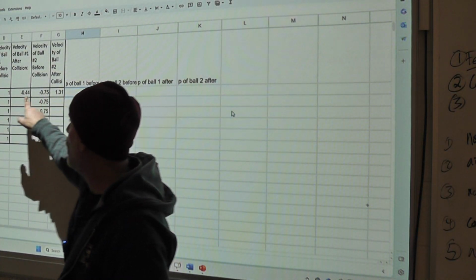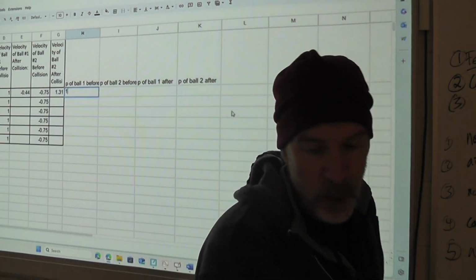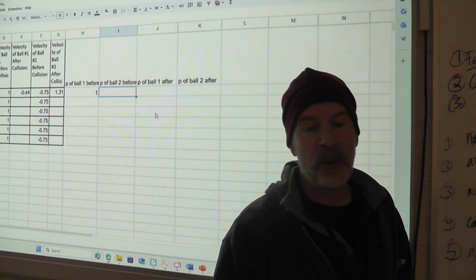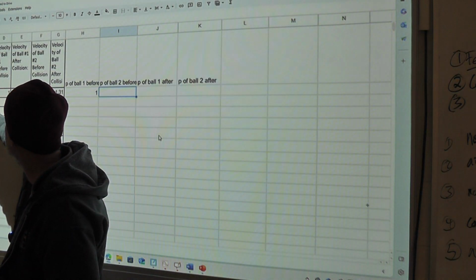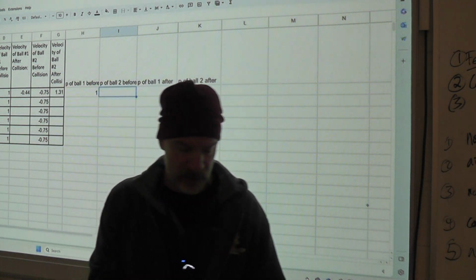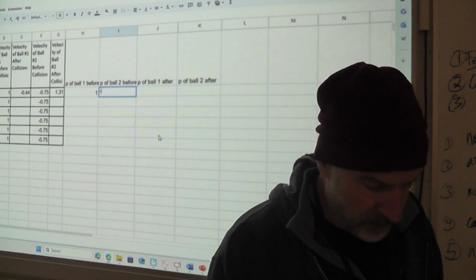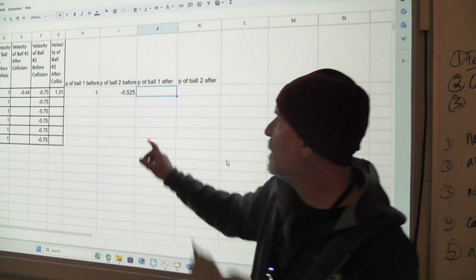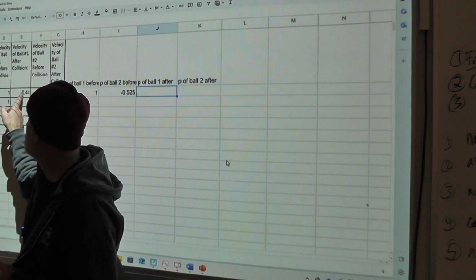The momentum of ball 1 before the collision is 1 times 1. It has a momentum of 1 kilogram meter per second. The momentum of ball 2 is going to be its mass times its velocity, and I can't do that in my head. 0.7 times 0.75, it's going to be negative 0.525. The momentum of ball 1 after the collision is going to be its mass times its velocity.